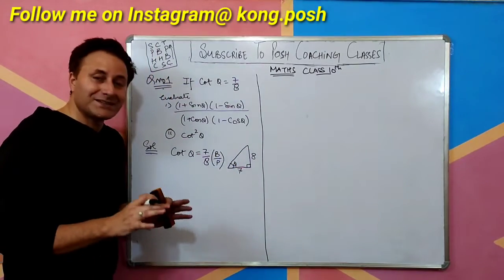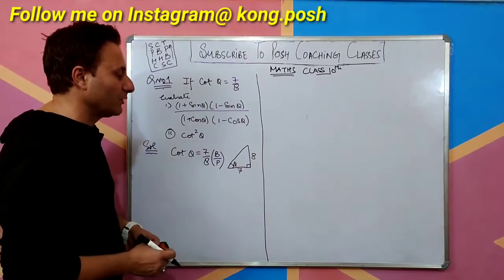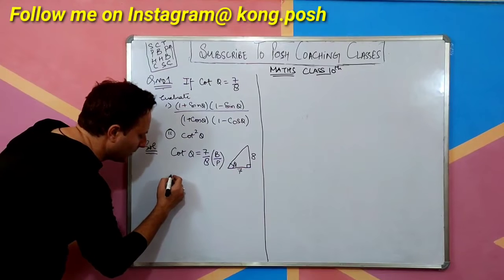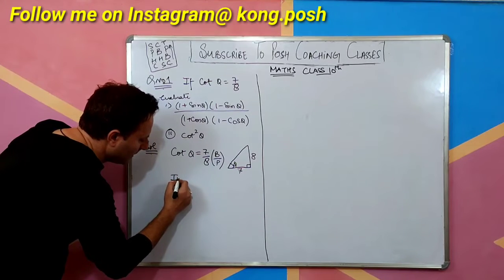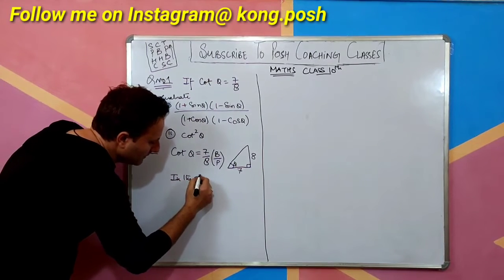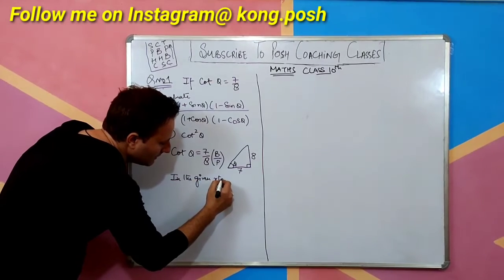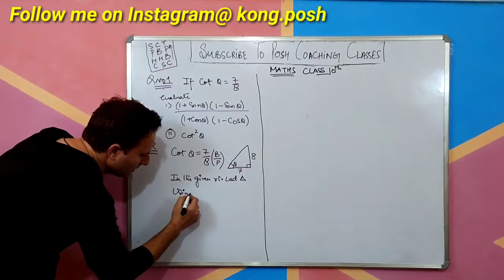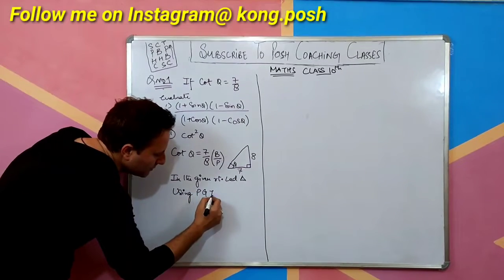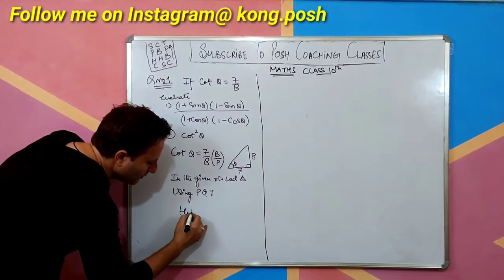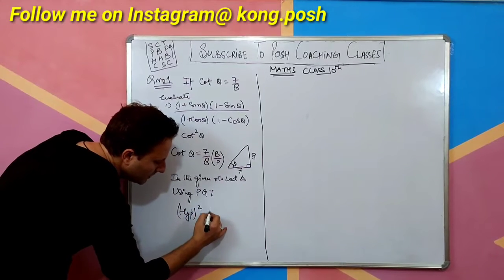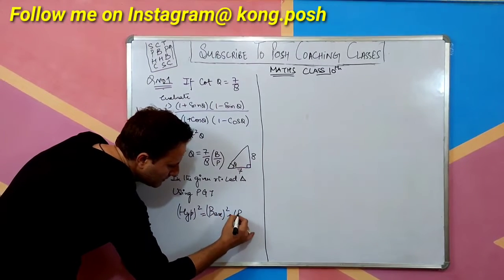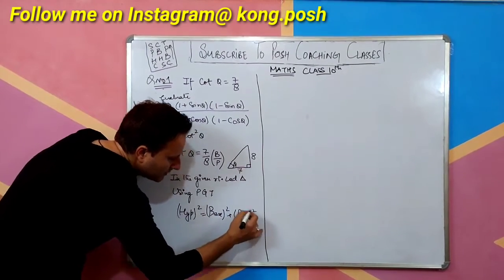So what is the first step we have to concentrate on? The first step is to find the hypotenuse. And how to find it? Very easy. In the given right angled triangle, using Pythagoras theorem, hypotenuse square is equal to base square plus perpendicular square.